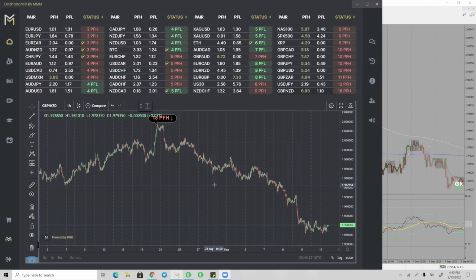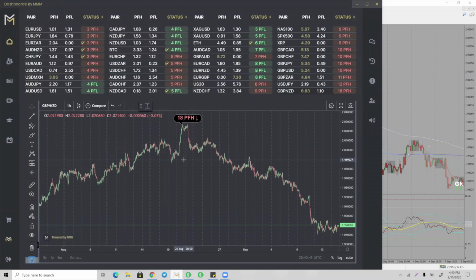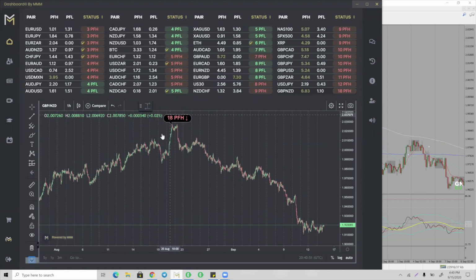Okay, now here we have the dashboard platform pulled up, and I'm going to be looking at GBP NZD as this example. It is at 18 PFH at the moment, and at PFH we're at 6.83 from the ADR number, which is quite high. So you can see the peak generated was actually 18 days ago, and it's right here.